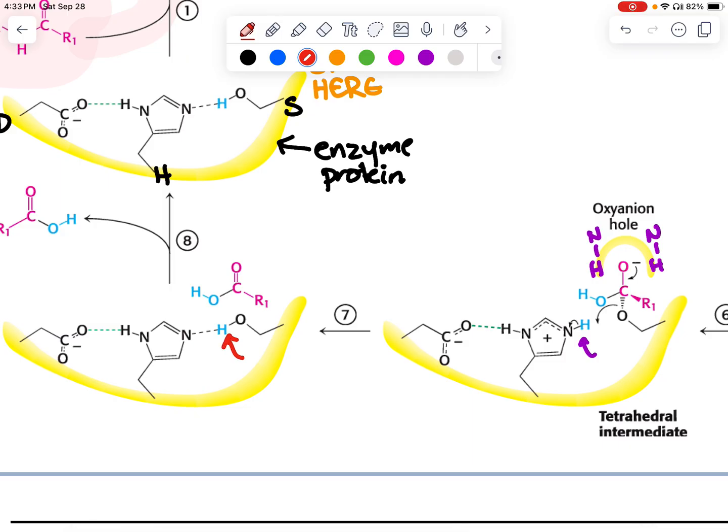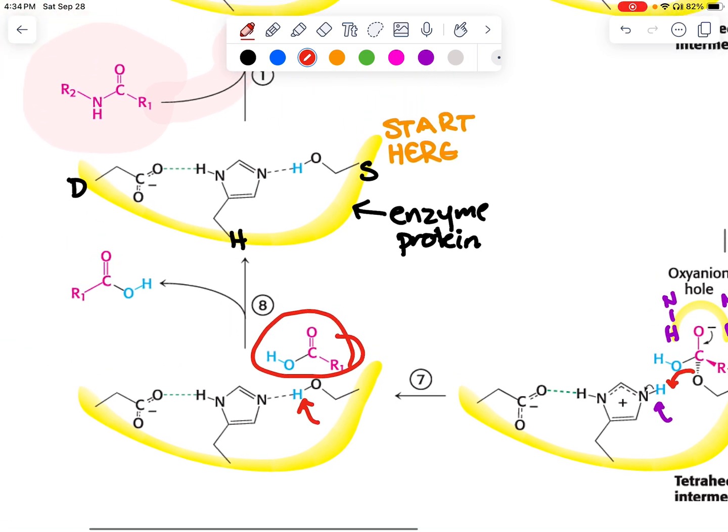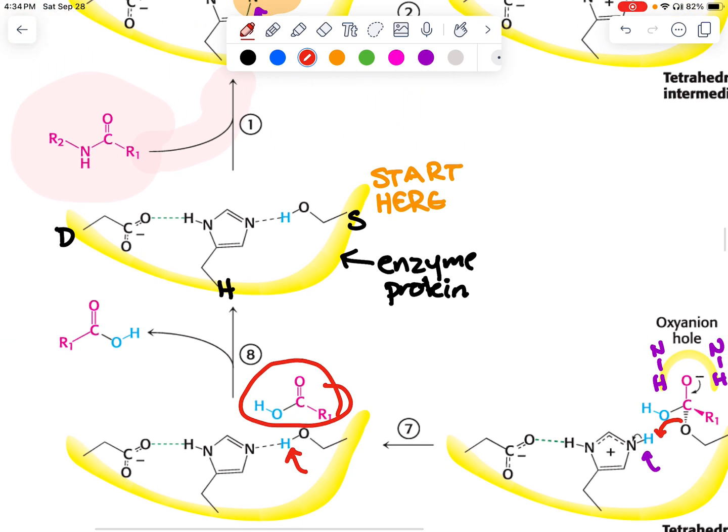The hydrogen came from our water. And when that happens, the nitrogen's keeping those electrons, and these electrons right here in this bond are coming over to form that bond with the hydrogen, which leaves this molecule free to exit. And look at that, we are back at our original molecule.